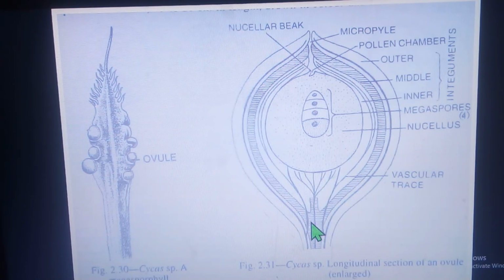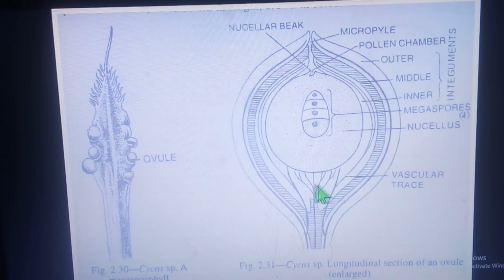The outer strand, consisting of a dozen vascular bundles, enters into the outer fleshy layer. You can see it enters through this outer fleshy layer, even on this side, and they extend up to the micropyle.